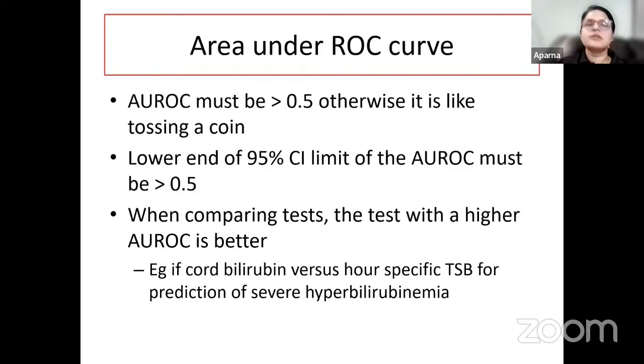So far we have discussed sensitivity. Sensitivity is given by the calculation A by A plus C, if you remember from the 2 by 2 table. So it represents in the denominator the total true positives, and in the numerator the test positives. Among the total diseased population, how many tested positive is represented by sensitivity.